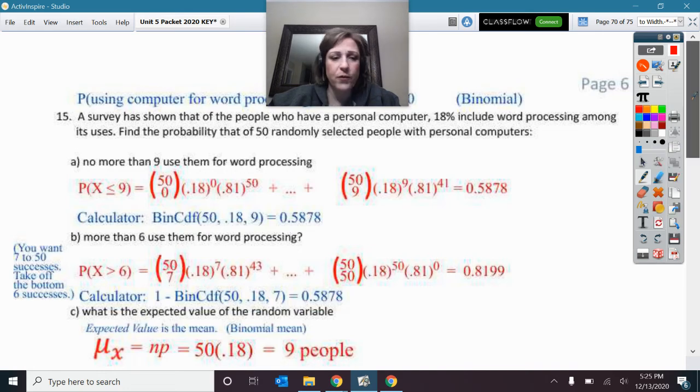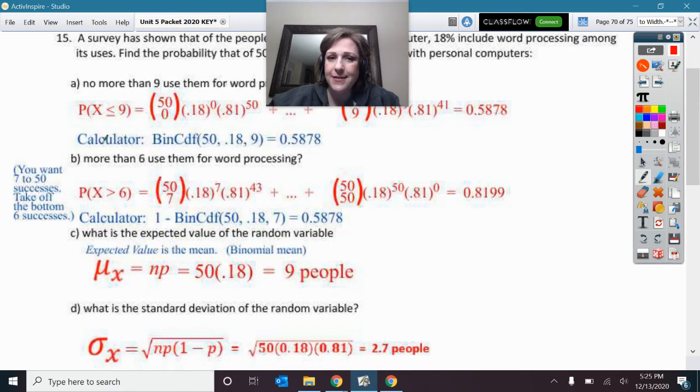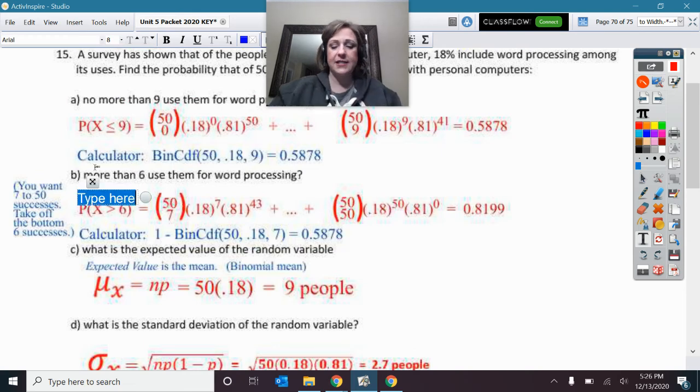All right, and then here we go on this next one. More than 6 means the successes you want are from 7 up to 50. So you could have also typed this here as the probability that X is greater than or equal to 7. Okay, so that's interesting.